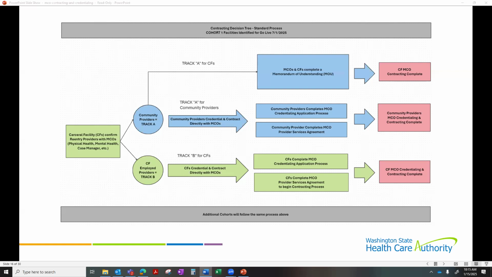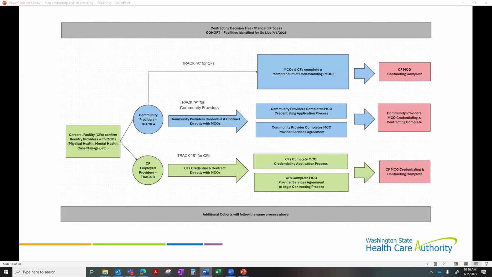And this is the one along the top you're going to see. The MOU is a non-financial partnership agreement, which is actually going to be covered in more detail on the next slide. Once the MOU is completed, the carceral facility MCO contracting process is finalized.